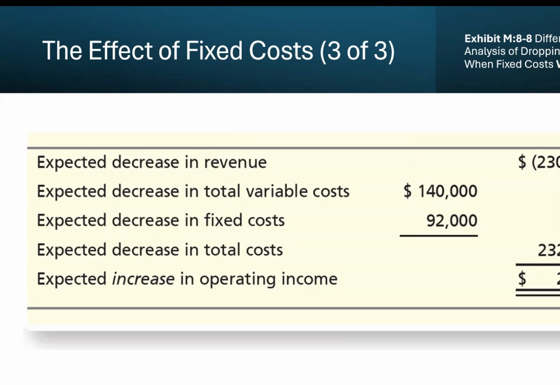Therefore, $92,000 of fixed costs are avoidable fixed costs and are relevant to the decision because this would change or go away if the product line were dropped.